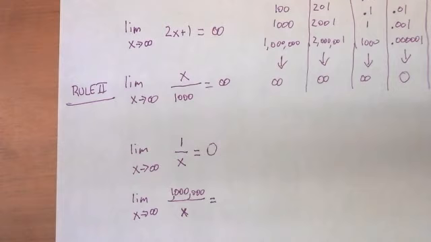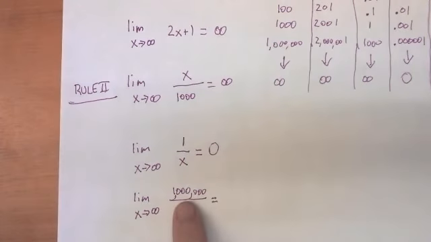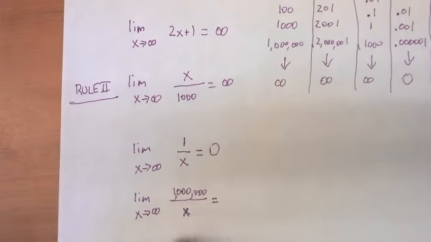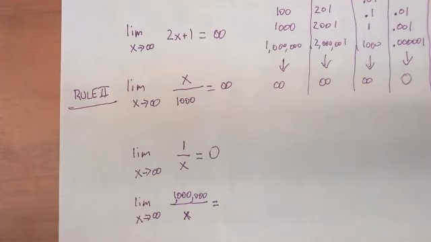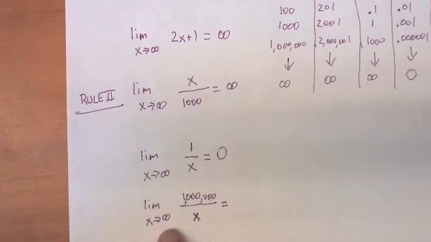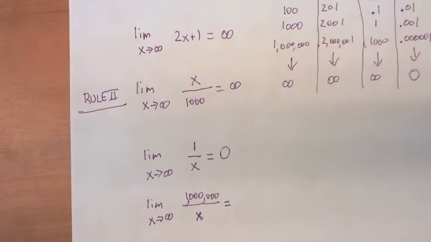Well, once again, we could think about this from the real world perspective. If we're sharing 1,000,000 cakes and only 10 people show up, sure, that's a lot of cake. I get 100,000 cakes if I'm one of those 10 people. And if 1,000,000 people show up, then I get an entire cake to myself at that point. But infinity is so much bigger than 1,000,000.